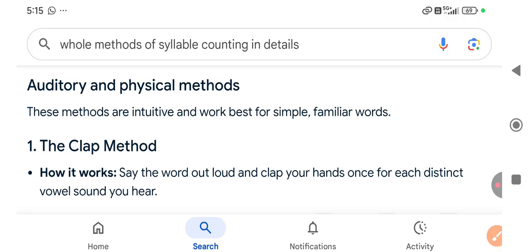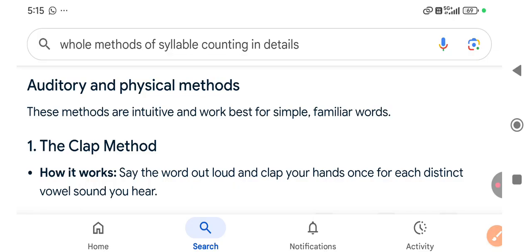So when we count syllables, we definitely have to see the spelling. Written work is important, and the spoken part is also important. We have to know the pronunciation, that is, how the word is pronounced. On the basis of pronunciation, we decide how many syllables are used in the word.